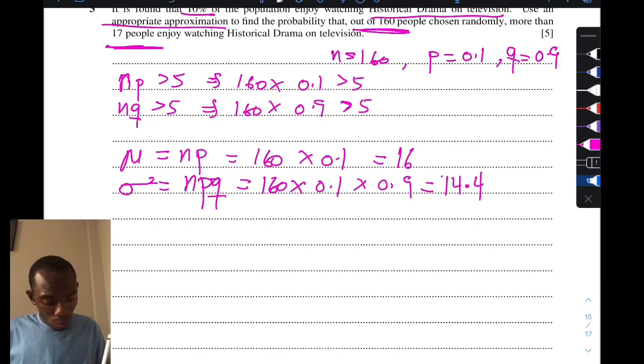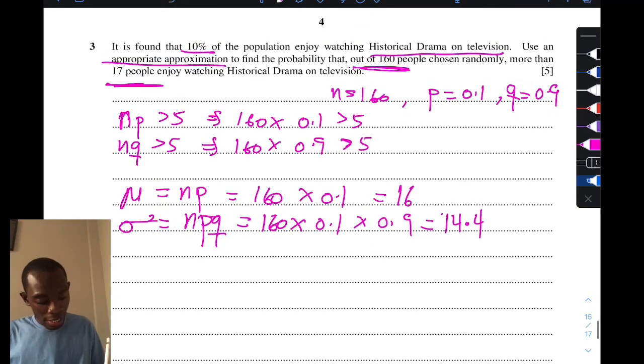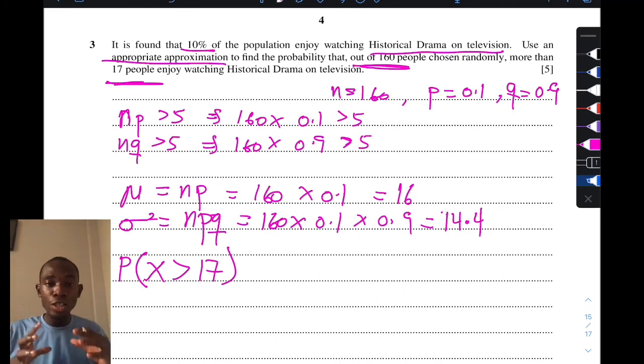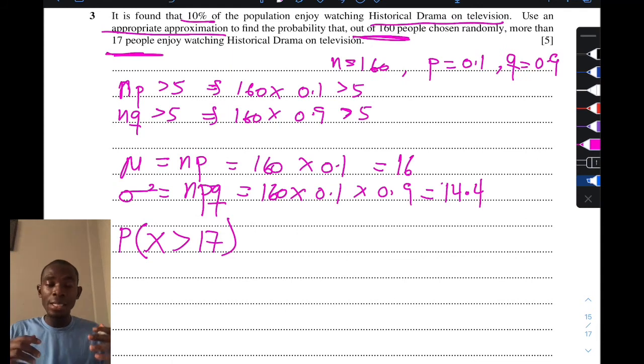Now we are told that x is what? More than 17. So more than 17 means greater than 17. But now remember that this distribution itself is a binomial distribution that you are going to use normal distribution to approximate. Now if we're going to approximate, then we need to correct all the errors that would come in the calculation.